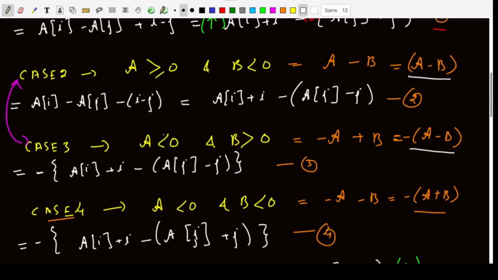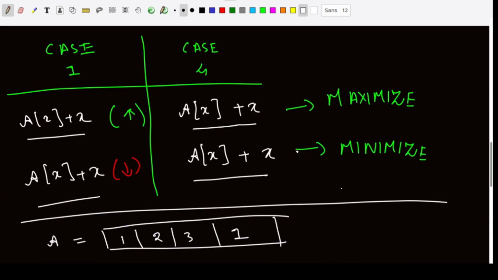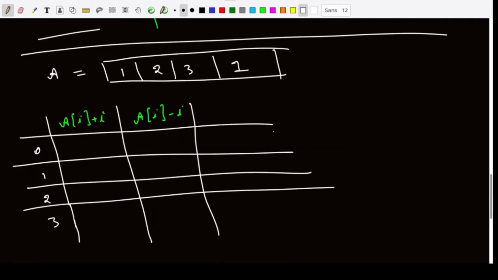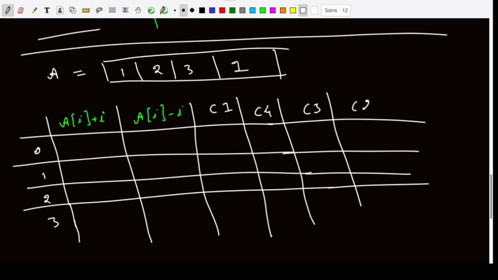In all the cases, the terms being used are ai plus I, so you just need to evaluate ai plus I or aj plus j, which is basically the same thing. And the other term which you need to evaluate is aj minus j. So that is what we will evaluate, and then we will look at the 4 cases. So this will be our case 1 and case 4, case 3 and case 2.